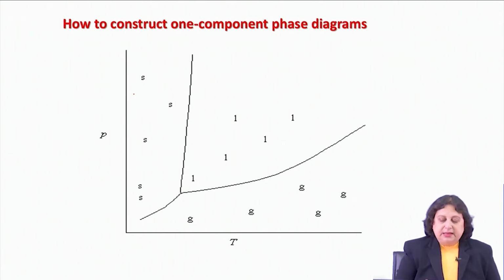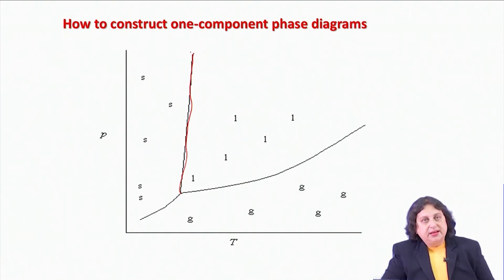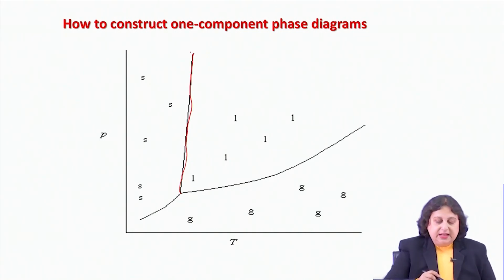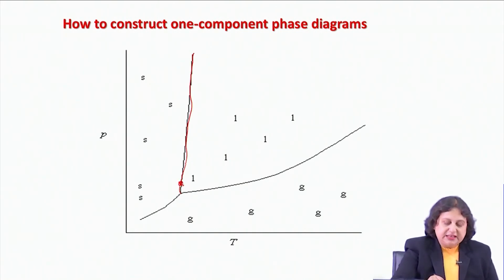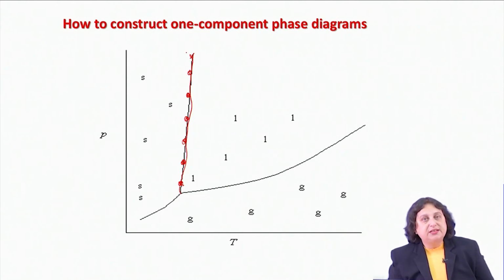For example, let me take this particular line. What does this line signify? It tells me that at each point on this line, I have the condition of temperature and pressure at which the solid and the liquid phase can coexist at equilibrium.